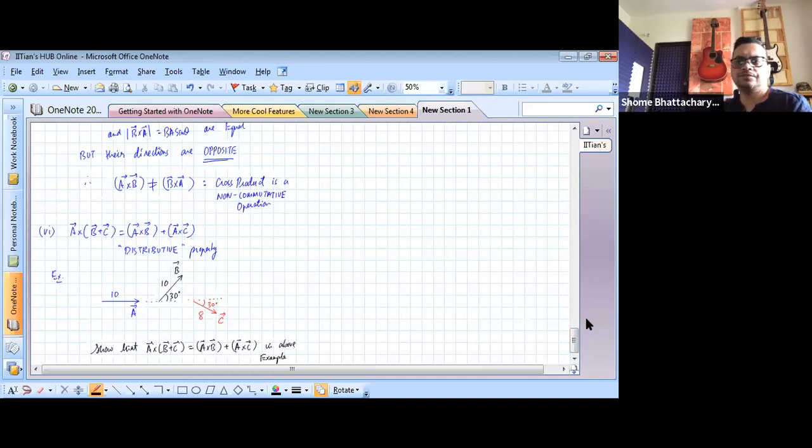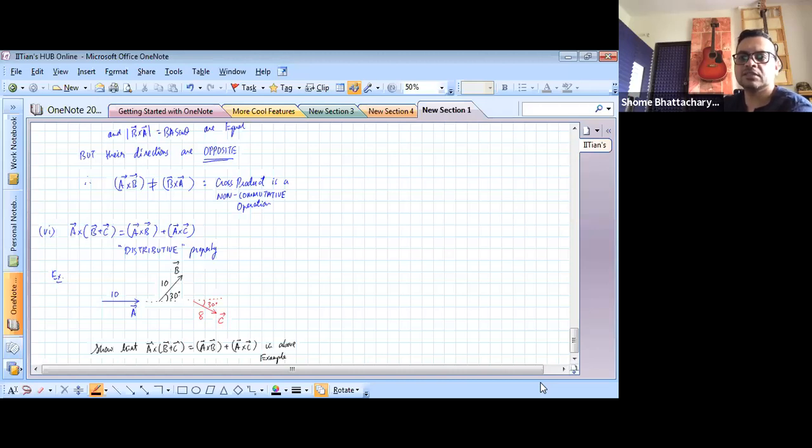Okay, Dhruv, is it clear? So just try it out. So this is going to be a little bit lengthy, but just try to show that left hand side is equal to right hand side. So left hand side में क्या करोगे?